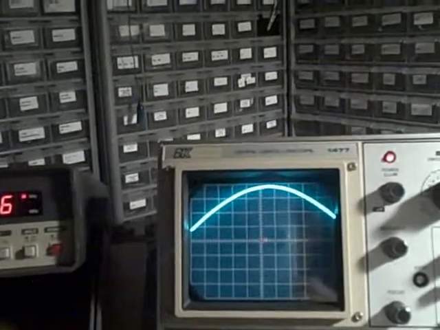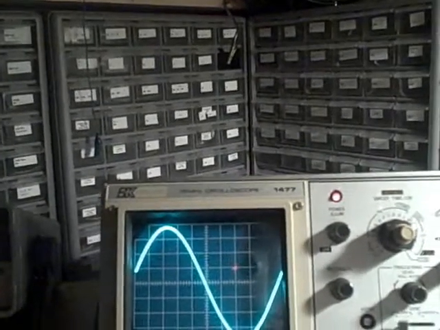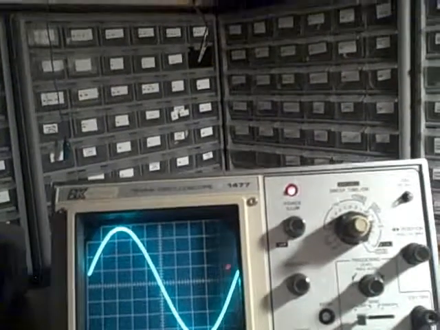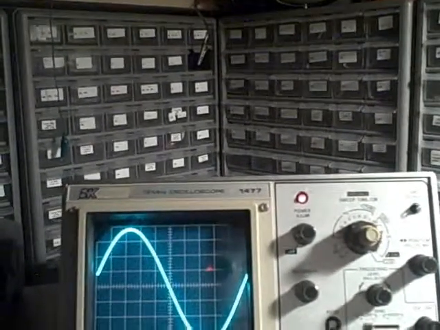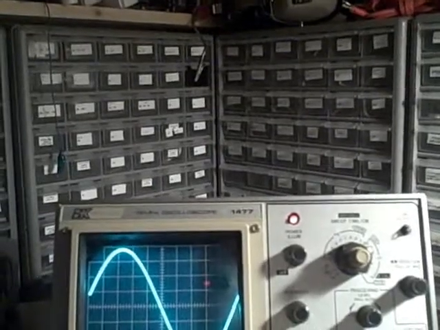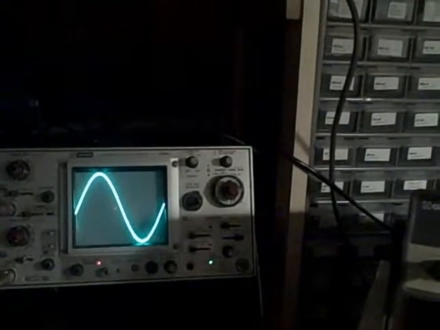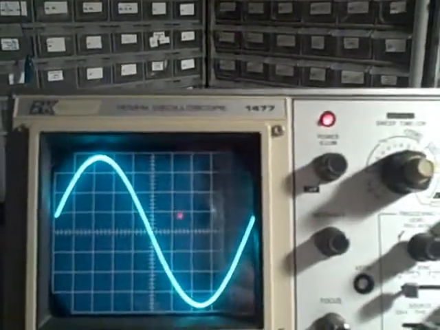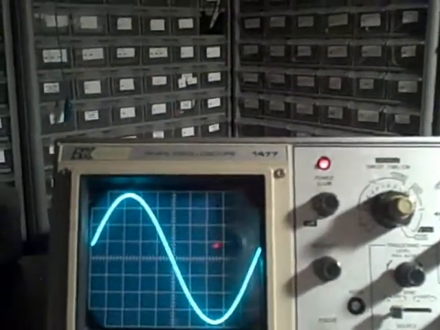Alright, at 20 microseconds per division times 10, that'd be 200 microseconds, and we'd be at 5 kilohertz, and we are reading 5.08, and there we go. Now we have the reference still looking just like our test instrument here.